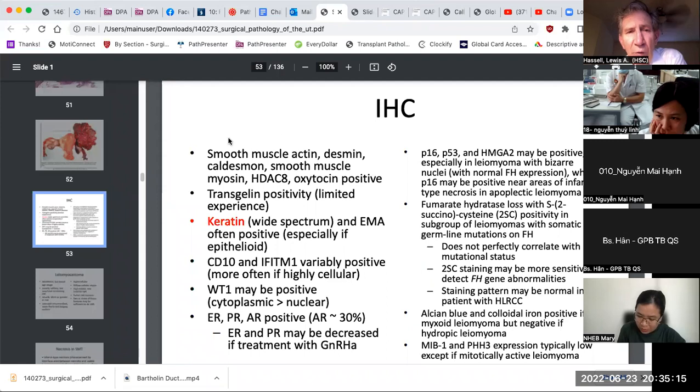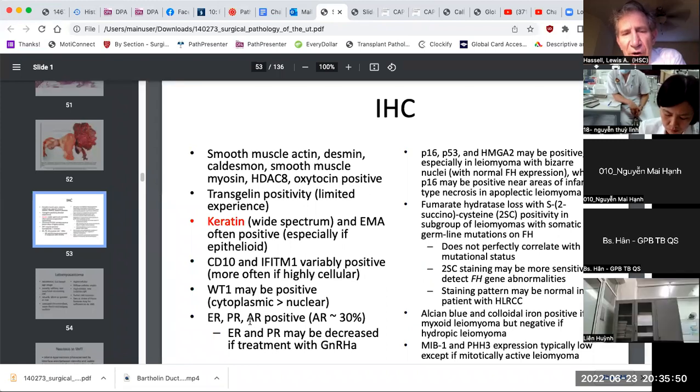Well, so what helps you? Well, the smooth muscle markers, actin, desmin in particular, or caldesmon, are the things that we use most frequently. These other markers, HDAC8, oxytocin, smooth muscle myosin, these are not even available in our laboratory, so I don't expect that you would use them. Similarly with transgelin. I've mentioned that CD10 can occasionally be a little bit confusing, especially if you're dealing with a cellular leiomyoma.